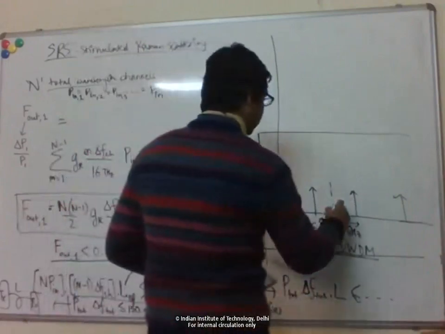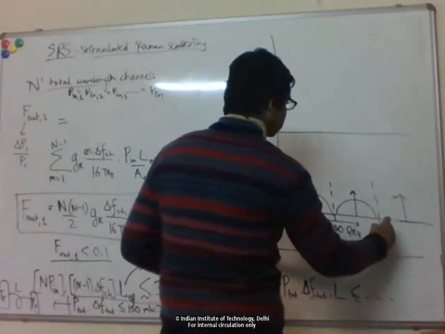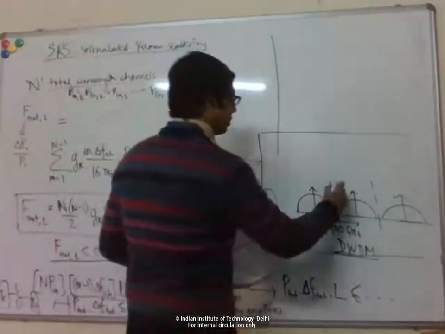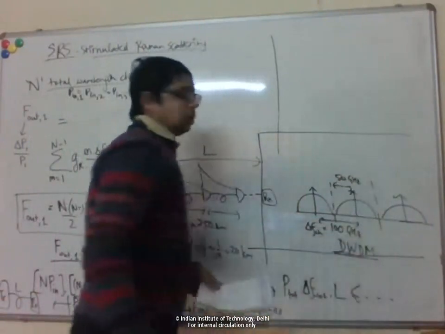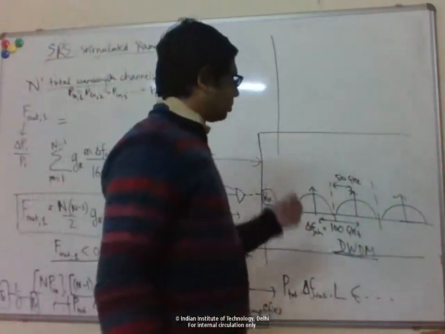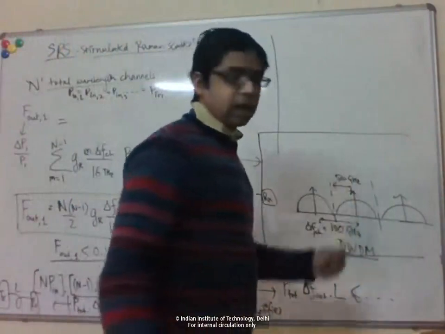And you can put data of roughly 50 gigahertz bandwidth on each channel. So in each channel you typically put something like 50 gigabits per second.